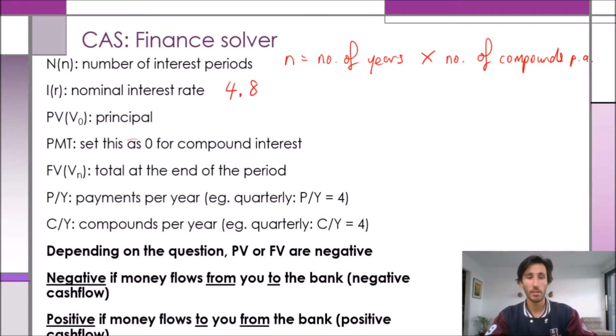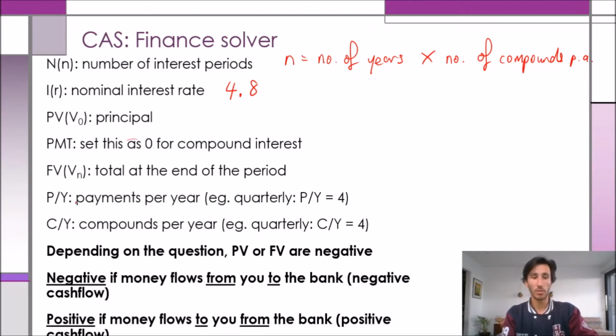So this is 0 for compound interest for today's lesson, but it won't always be 0. And when it changes is really important for later lessons. The future value is the total at the end of the period. So after you've invested a certain amount, your future value is how much you have at the end of 5 years, at the end of 10 years.